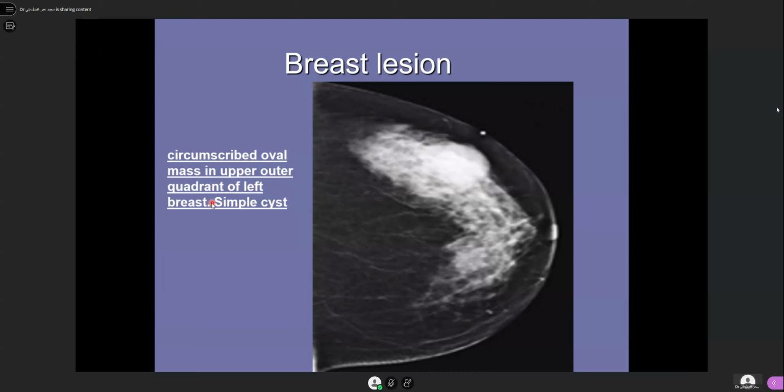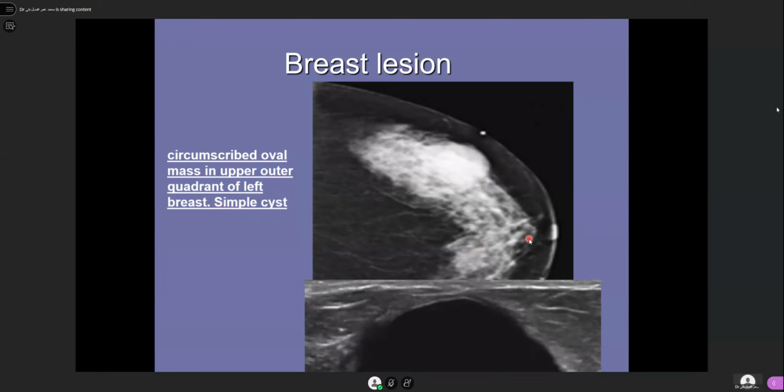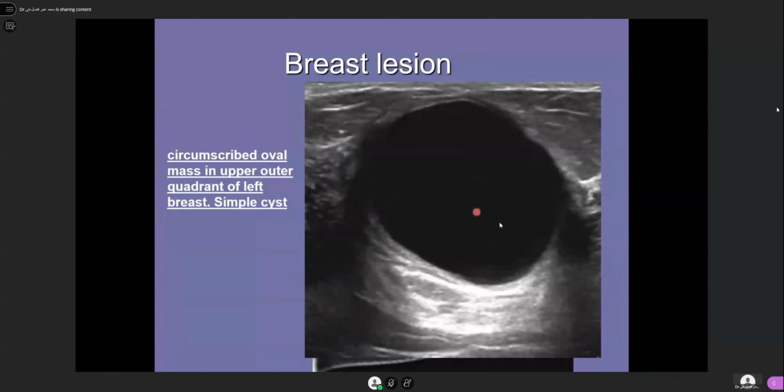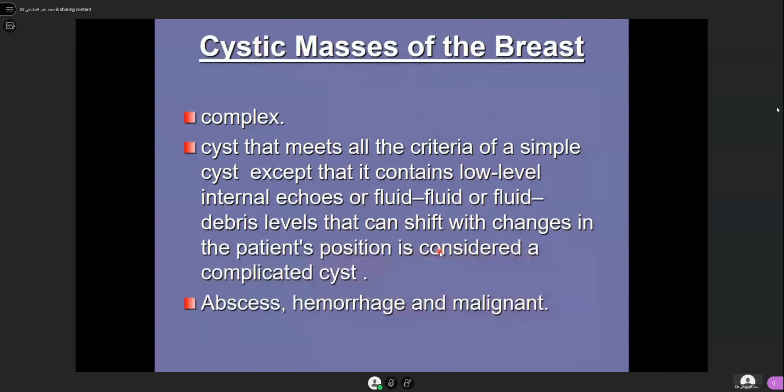It is present in the upper outer quadrant of the left breast, and it appeared to be a simple cyst when we performed the ultrasound. With the help of ultrasound, we can clearly diagnose that this is an anechoic, thin-walled cyst, which can be confirmed with the help of ultrasound.